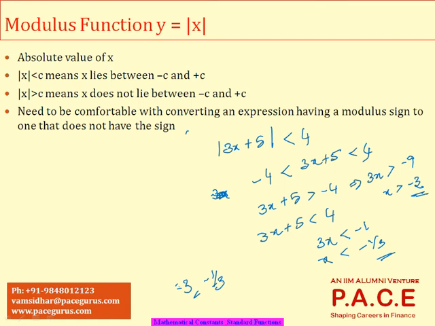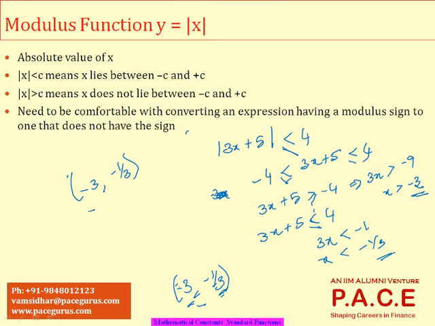And does it include minus 3 and minus 1 by 3? No. So the brackets will tell, because if it had been less than or equal to, then minus 3 and minus 1 by 3 should be included. If I show it with a plain bracket, it means both minus 3 and minus 1 by 3 are excluded.